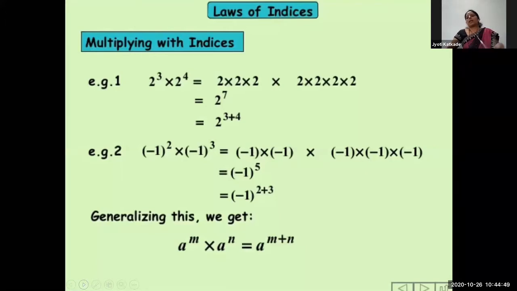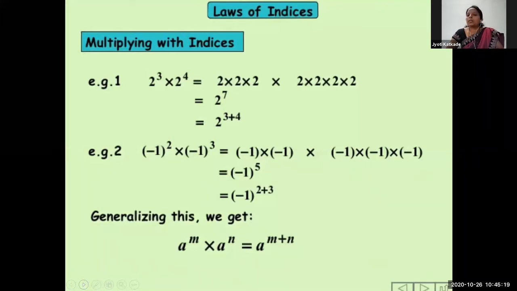Now the second example is there: minus 1 bracket raised to 2 into minus 1 bracket raised to 3. Minus 1 raised to 2, so take multiplication of minus 1 two times. Minus 1 into minus 1, into minus 1 raised to 3, so take multiplication of that number three times: minus 1 into minus 1 into minus 1.